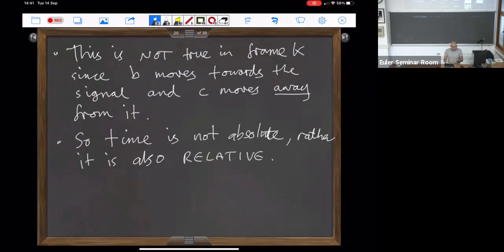Rather, it's also a relative concept, as we will elaborate more today, that moving clocks, moving relative to one another, measure different times. That's one way of putting it, and we'll see how that works in detail today.